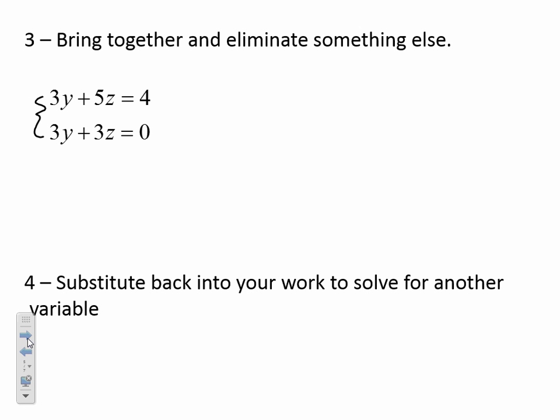Well, it looks like my y's would be pretty easy to eliminate if I multiplied maybe the top one by negative 1, let's say. So it becomes negative 3y, negative 5z, equals negative 4. And then my bottom one becomes, again, 3y plus 3z equals 0.